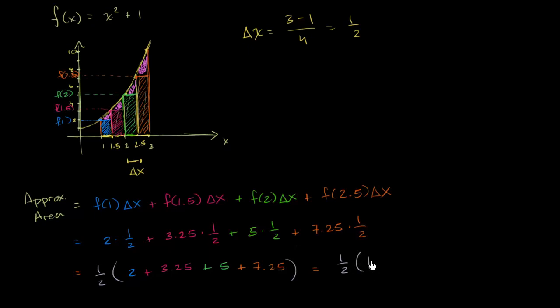So 1/2 times 17.5, which is equal to 8.75.